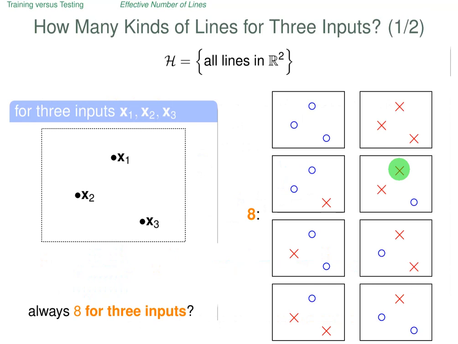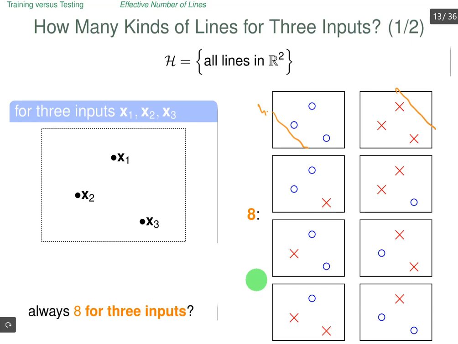We can further extend this example to the 3-point case. And the same question, how many kinds of hypotheses can we have for 3 different inputs? Is it all lines in R2? Right? So as we can see, it gets a little bit more complicated. So we can have one hypothesis or group of hypotheses that will label them as all blue circles, okay?